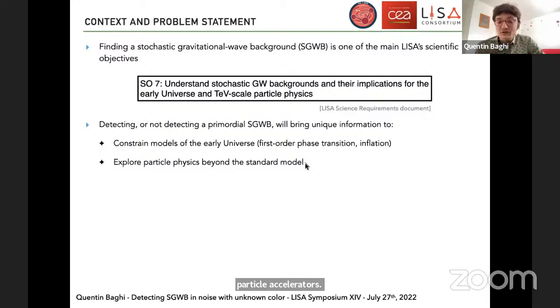Detecting or not detecting a primordial stochastic gravitational wave background is important because you can constrain models of the early universe, inflationary models, first order phase transitions, and also explore particle physics beyond the standard model.